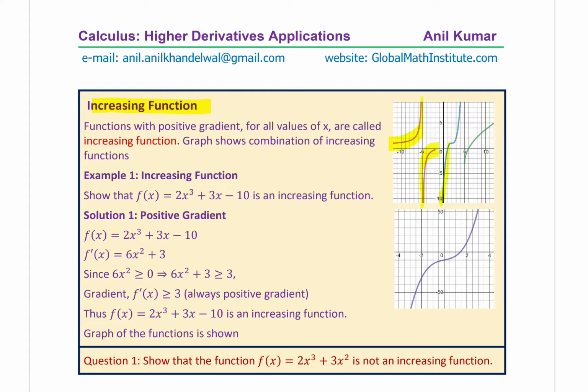So here, do you see that? So it's increasing all throughout. This is kind of a square root function. It is increasing all throughout. So we can say that function with positive gradient for all values of x are called increasing functions.